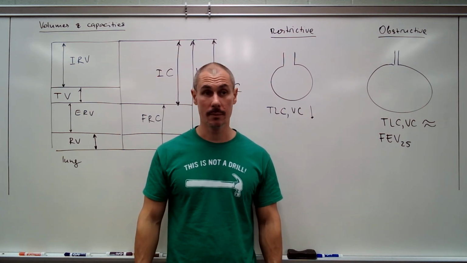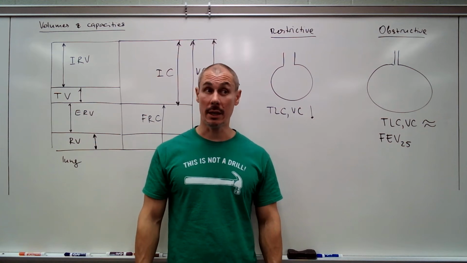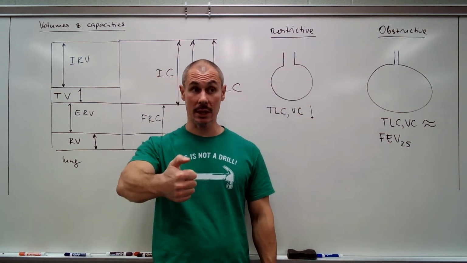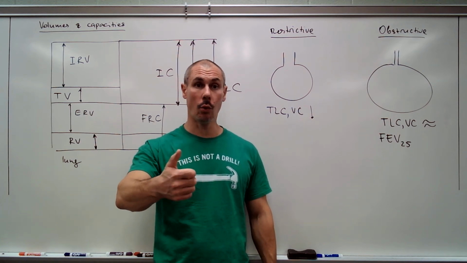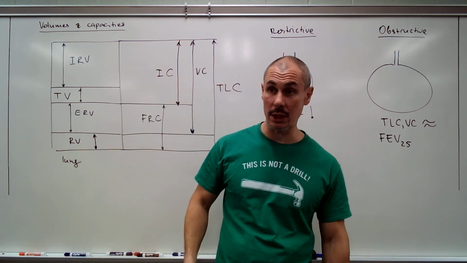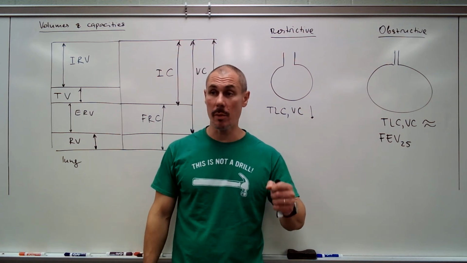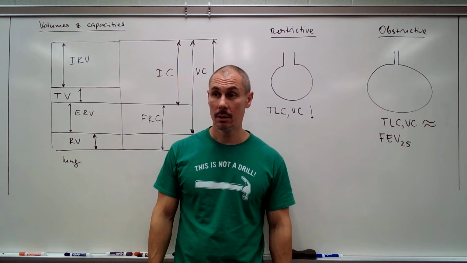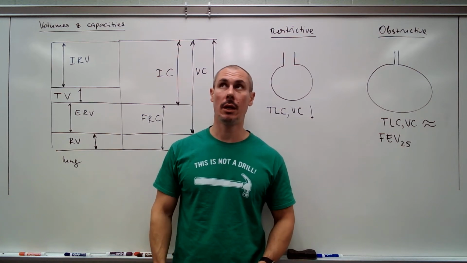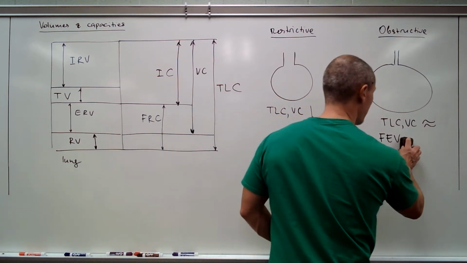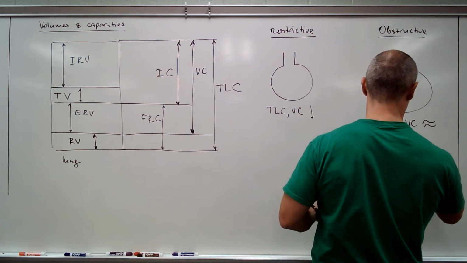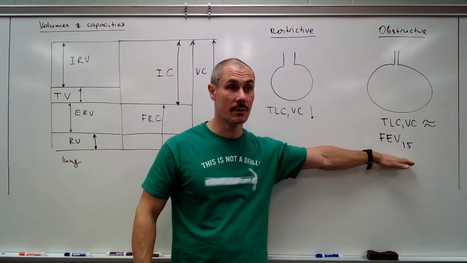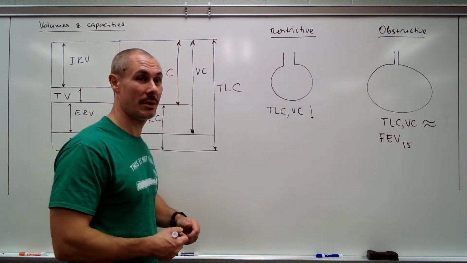Are you following me? I tell you, start exhaling now, and I start my timer, or I press a button on the machine, and this machine measures how much air you expel out of your lungs in, I think it's not 25, I think it's 15 seconds. It doesn't really matter. Now, let me ask you this.